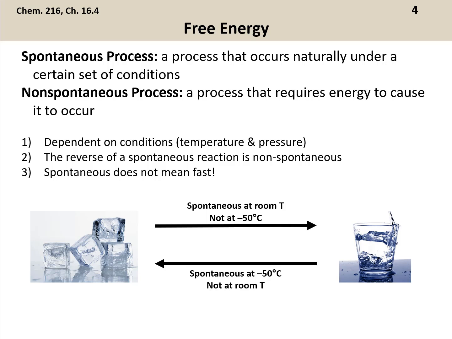A spontaneous process is a process that occurs naturally under a certain set of conditions. It depends on the conditions. The reverse of a spontaneous reaction will be non-spontaneous, and spontaneous does not mean fast.